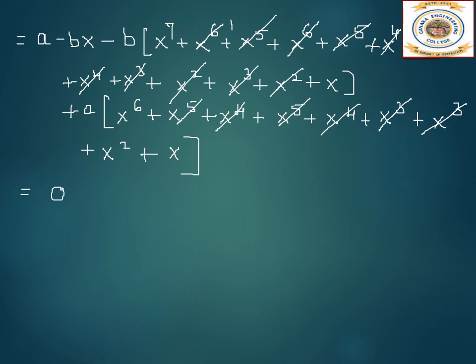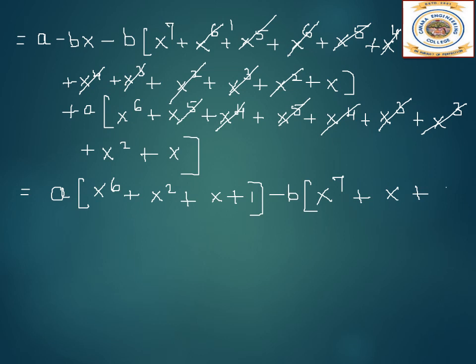So we get a into x to the power 6 plus x square plus x plus 1 when I take common terms. So I take minus b, and again I have over here x to the power 7 plus x plus x.